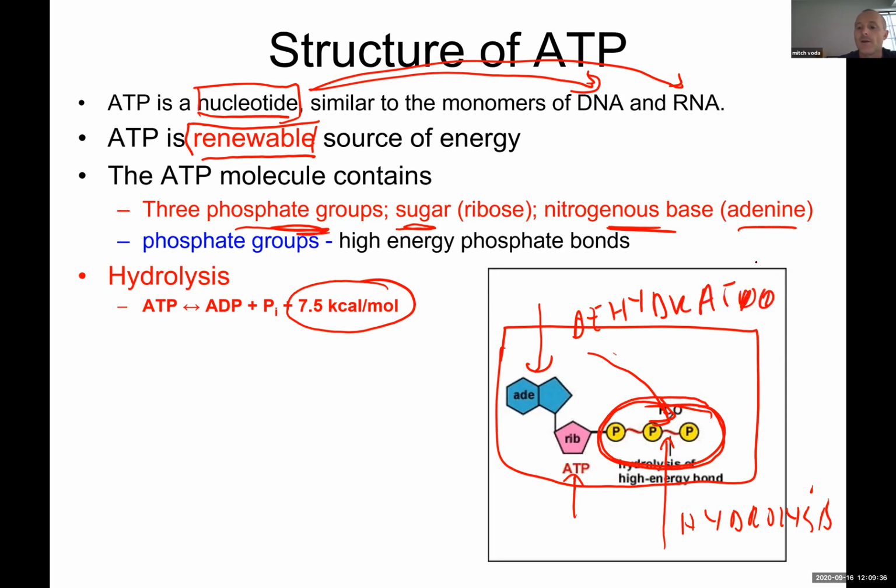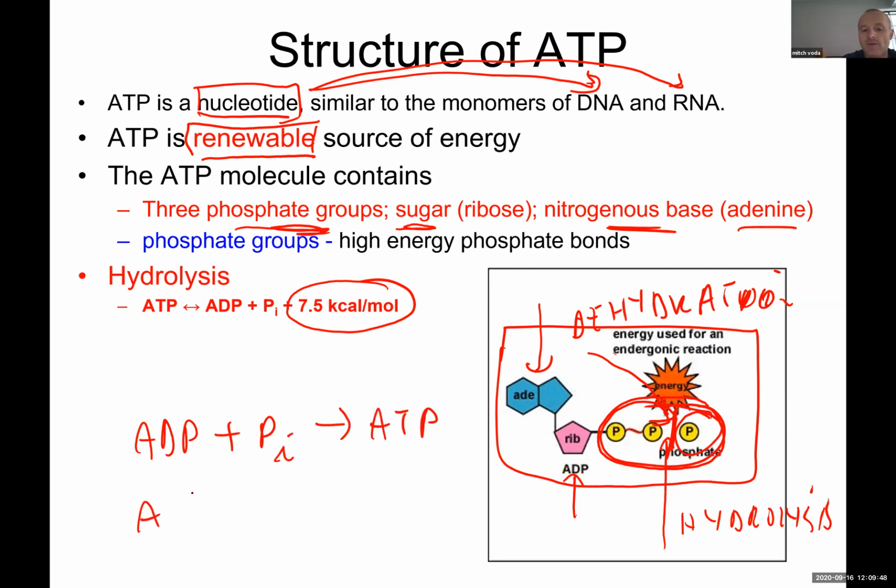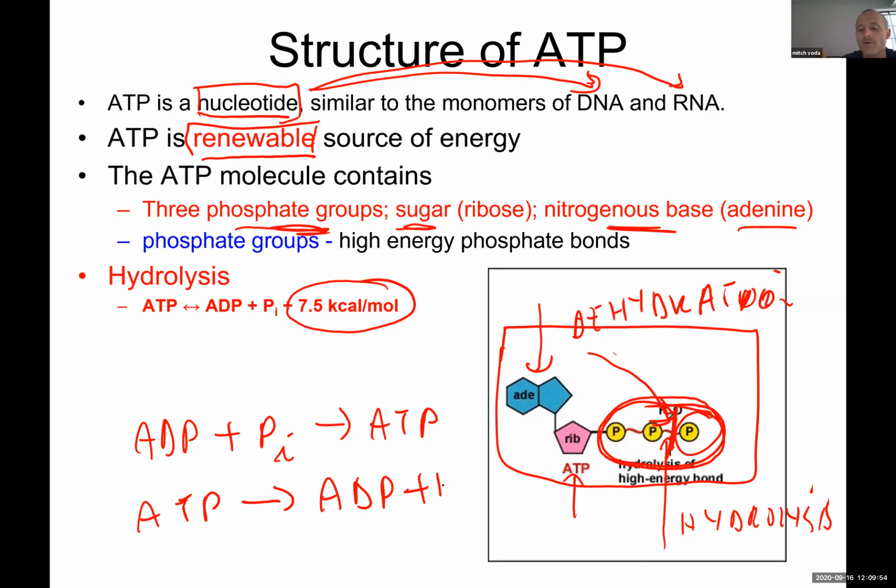So you go from ADP plus a phosphate, this is the phosphate, and it turns into ATP. When energy is needed for the cell, ATP is broken down to ADP plus phosphate. This reaction that takes place right there is called hydrolysis.